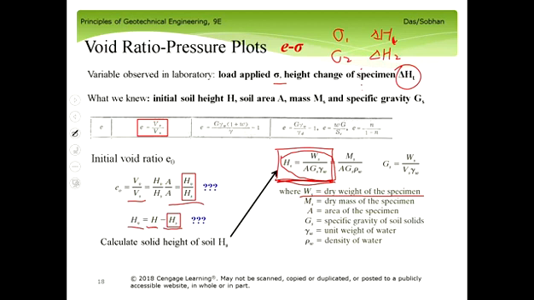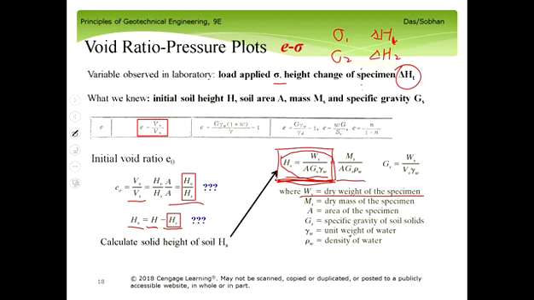The small g, area, we know this. GS is specific gravity, and this is the unit weight of water and density of the water. We all know this. You can use this equation or this equation, it doesn't matter. But with some initial data, we can definitely calculate HS, the height of the solids.